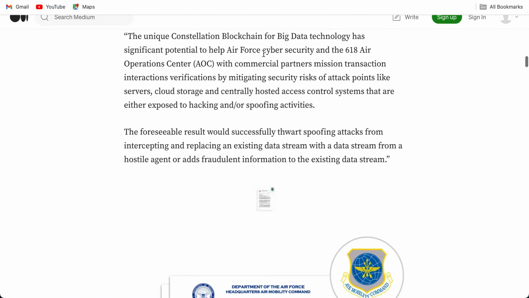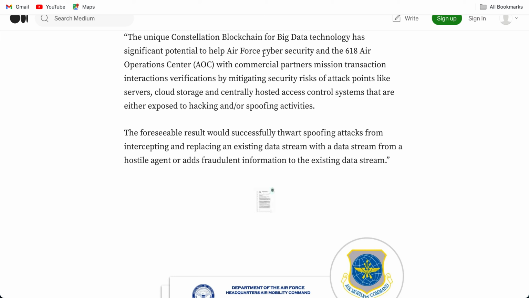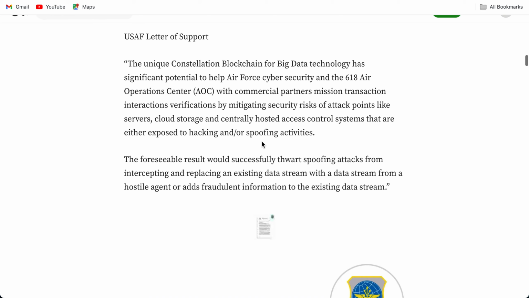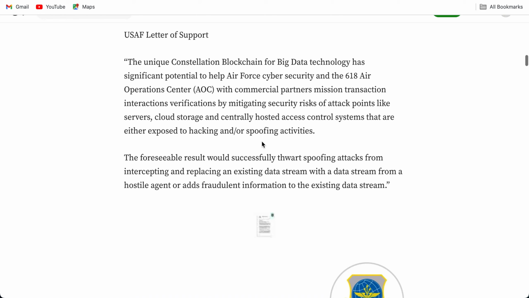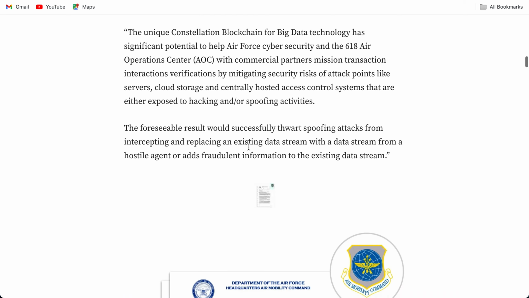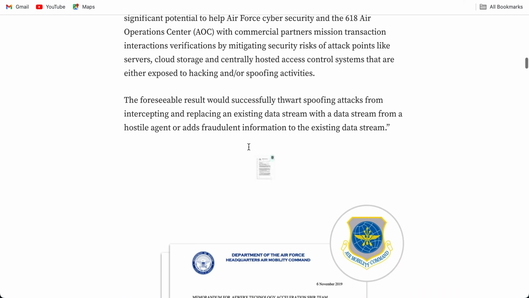So they have legitimized the technology of Constellation by giving a letter of acknowledgement that it is solving a real-time issue of cybersecurity. Constellation is solving real-world issues, real-time issues in the Air Force.